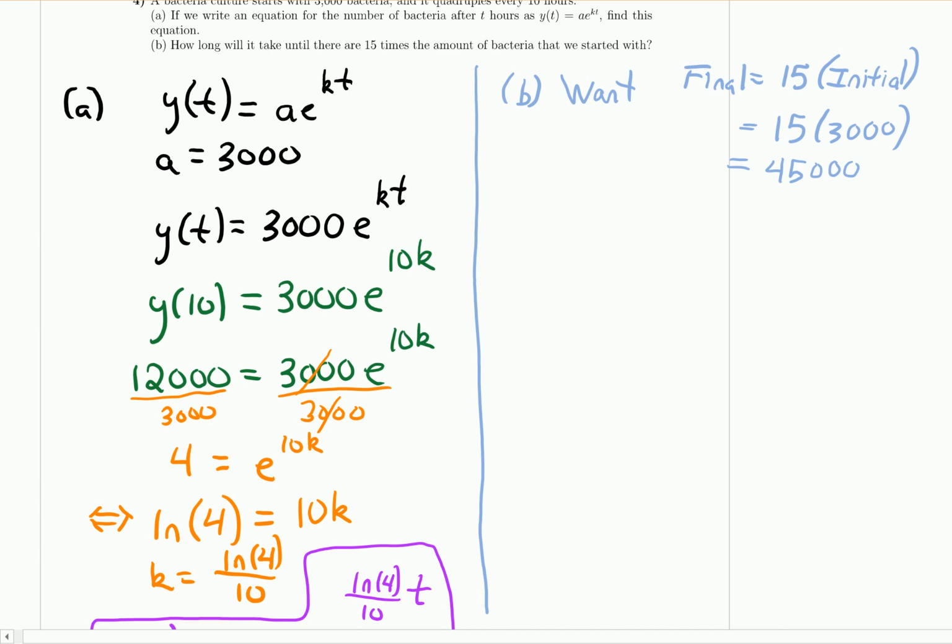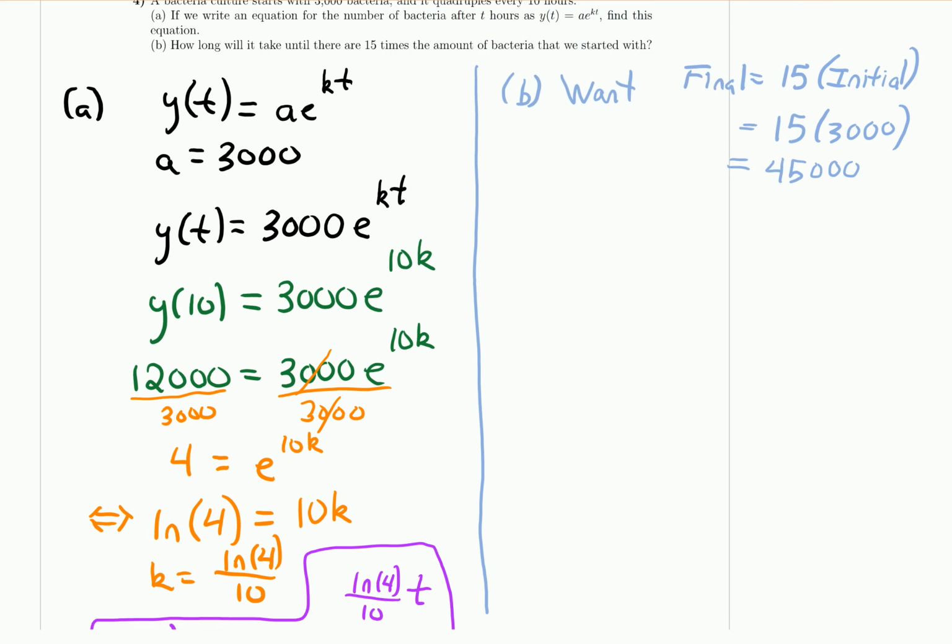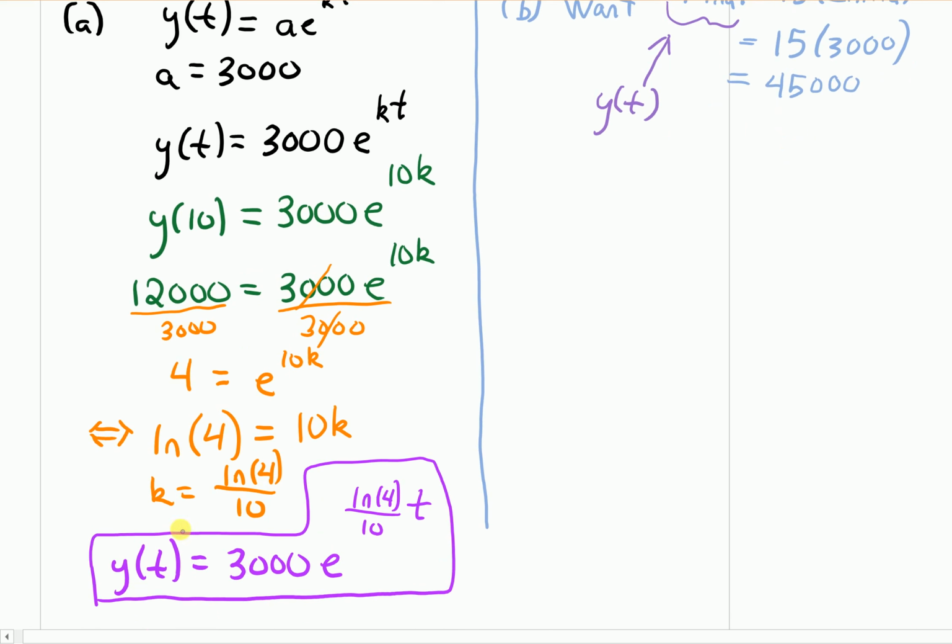And remember, the thing that tells us the final amount is y of t. So what we want to do is let y of t equal 45,000 in the equation that we got here.